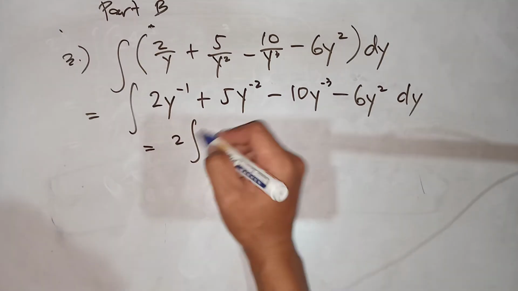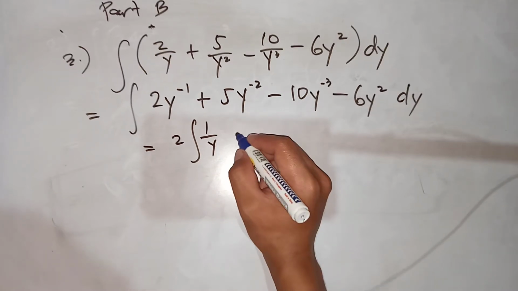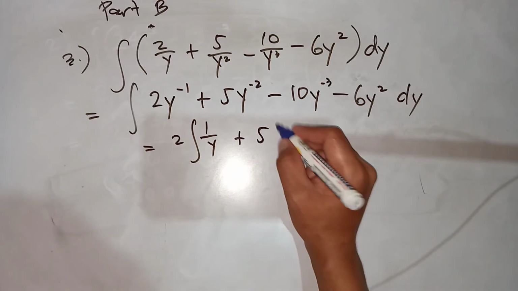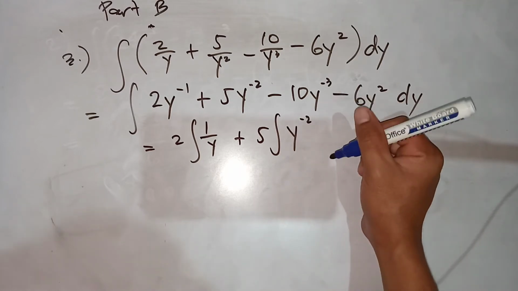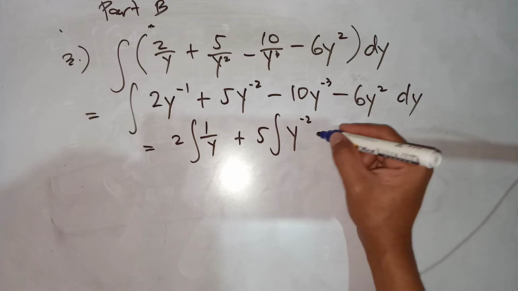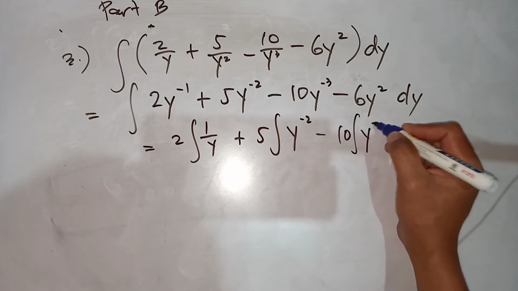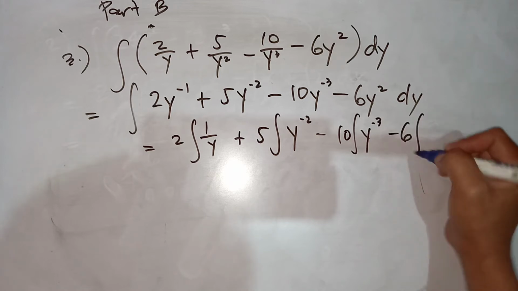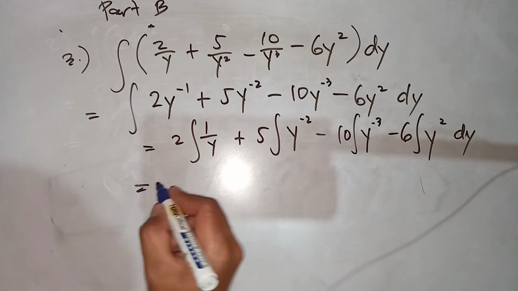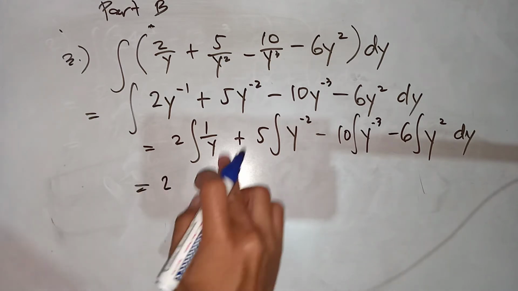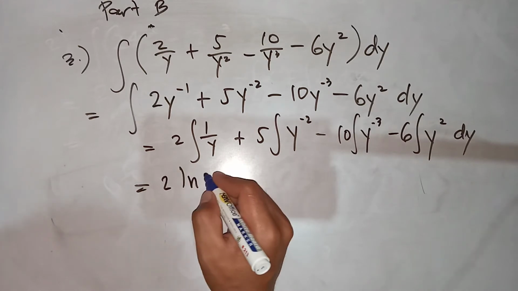This y inverse is just 1 over y. This becomes 2, and the integration of 1 over y is just natural log of y.